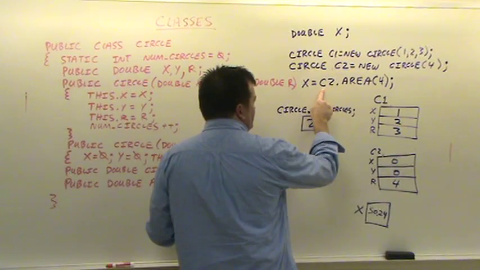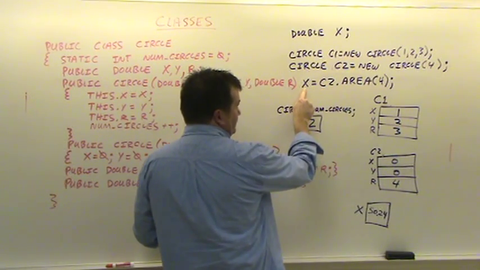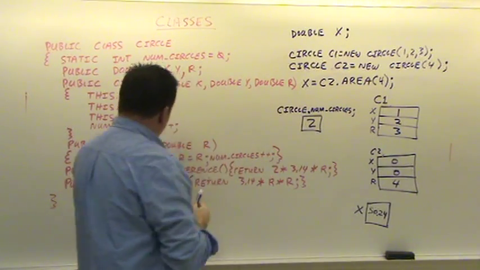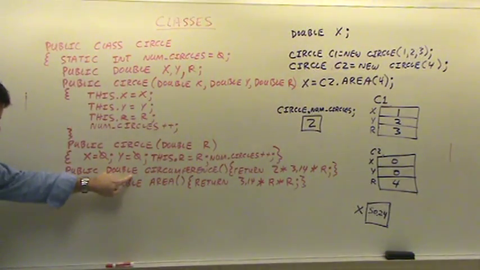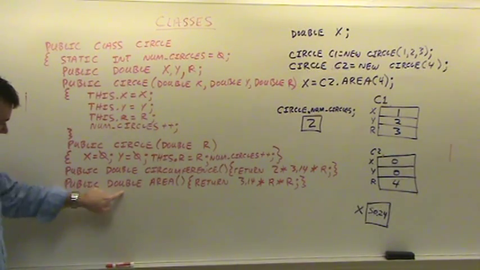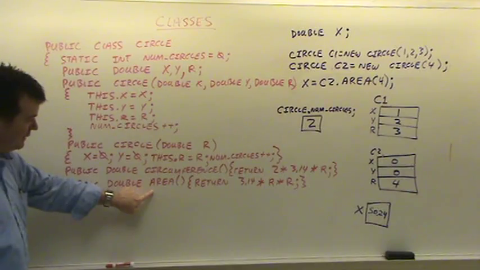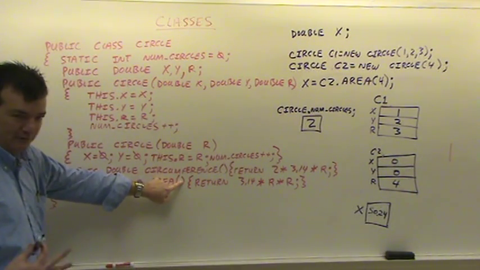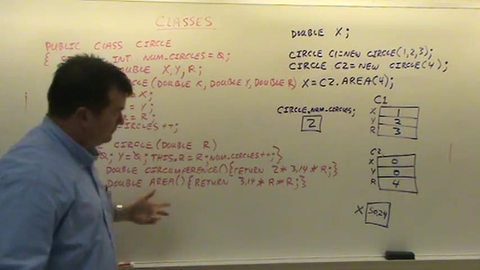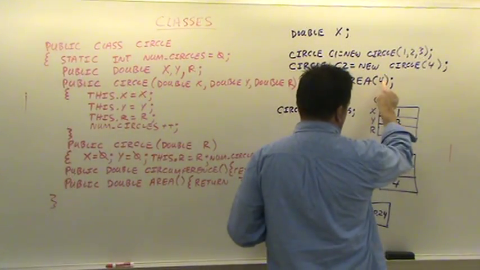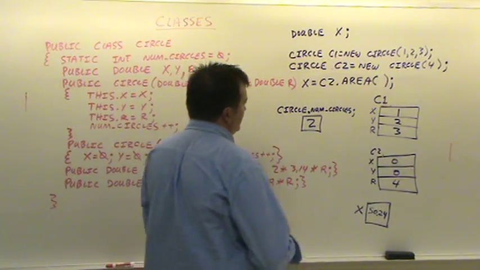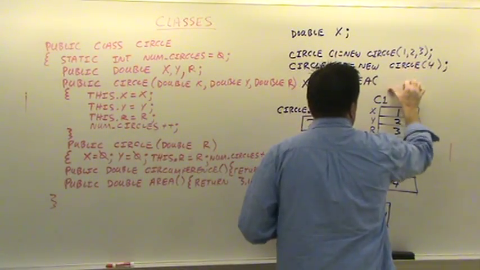This function is expecting to return a double, because x is a double. So we need a function that returns a double, and then the name of the function to be area. And the only one we defined is the one that takes in no parameters. So this 4 would cause a compiler error. So we have to have no parameters in this case.